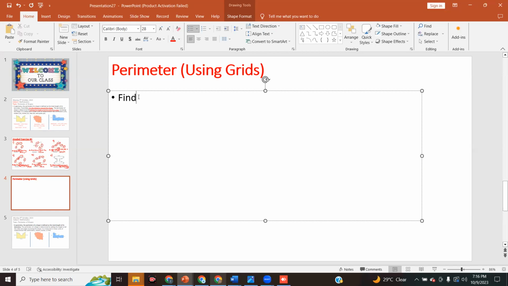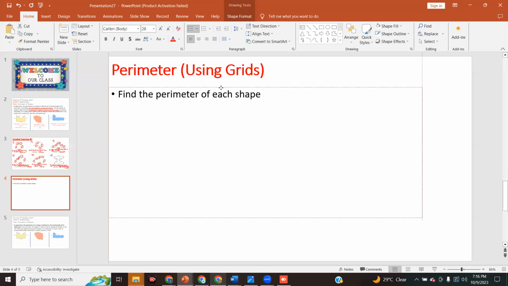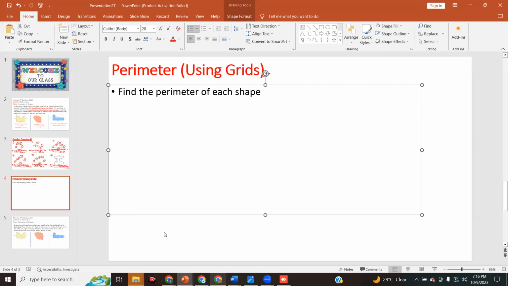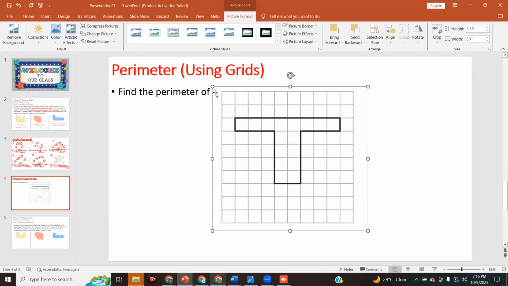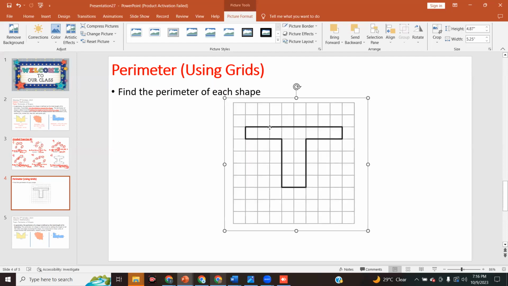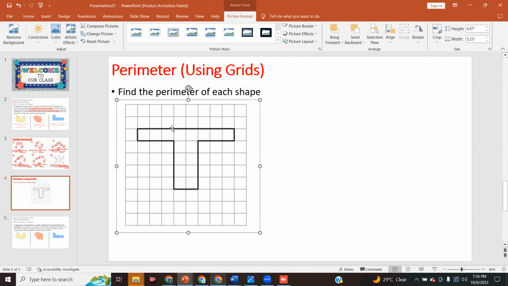Find the perimeter of each shape. In this case, we're going to be using grids to do this. If you have graphing paper, you can use it to put the shape in grid form.